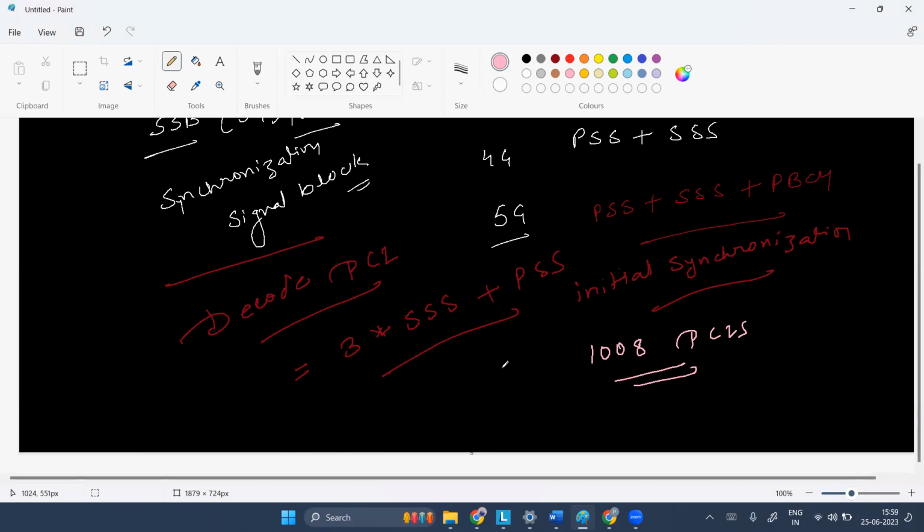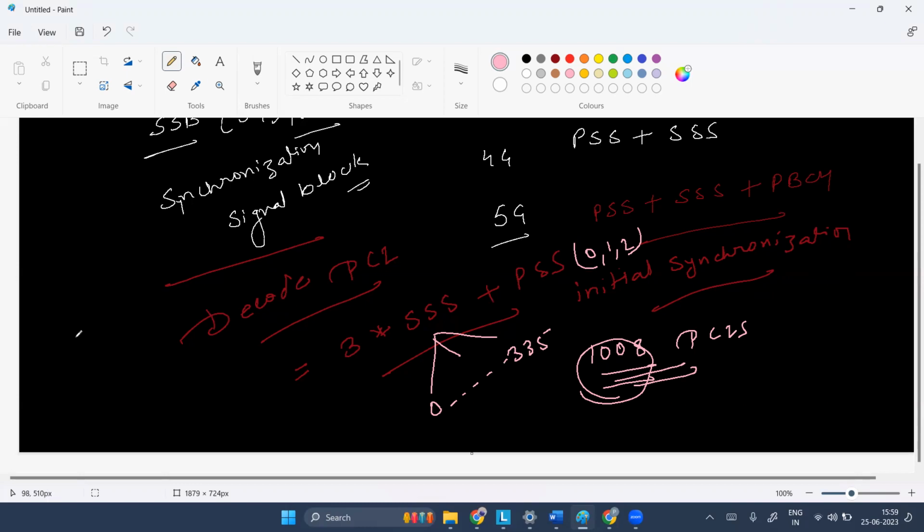So now comes SSS. SSS ranges from 0 to 335, and PSS ranges 0, 1, 2 like LTE. So if we use this formula and calculate, it comes to a total of 1008 PCIs. Now, why is PCI necessary?